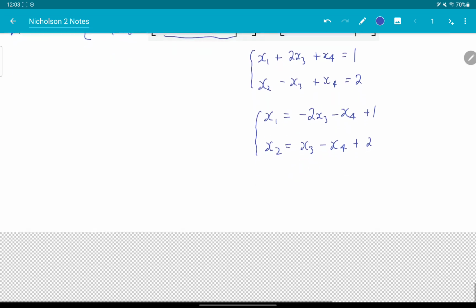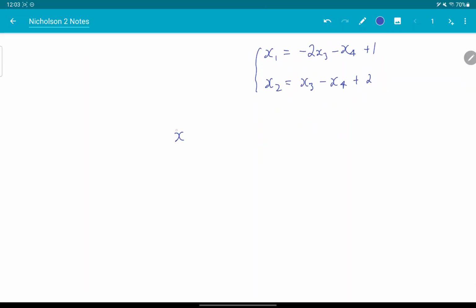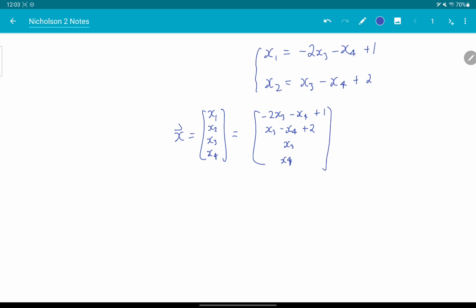Okay, and then I take all this information and load it into a vector of variables. So x1 gets replaced with this, x2 gets replaced with this. And then I pull this thing apart.